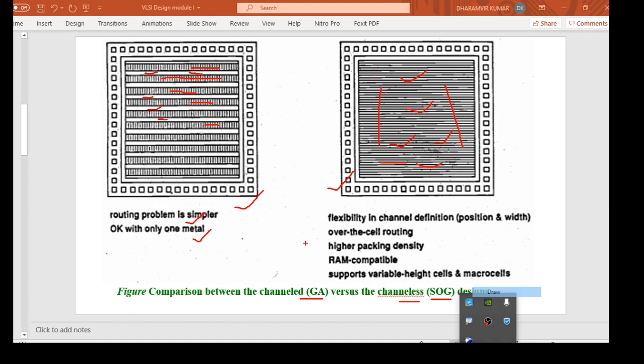This one offers flexibility in channel definition, position and width over the cell routing, and gives us a higher packing density. This is compatible with RAM, and it supports variable height cells and macro cells.